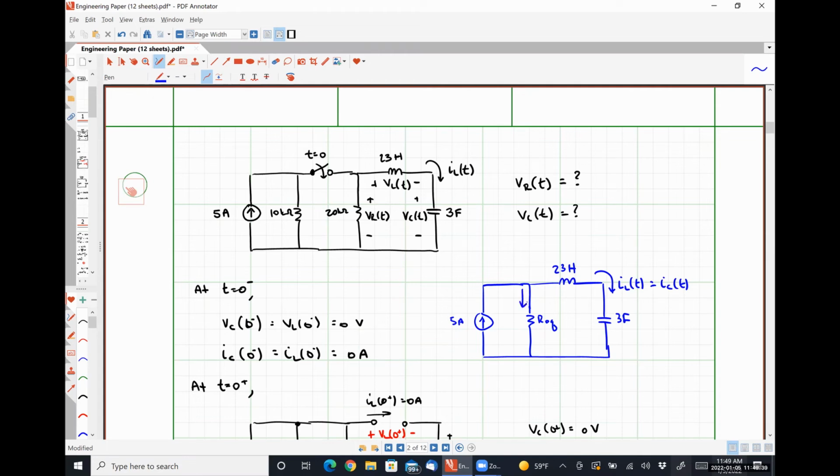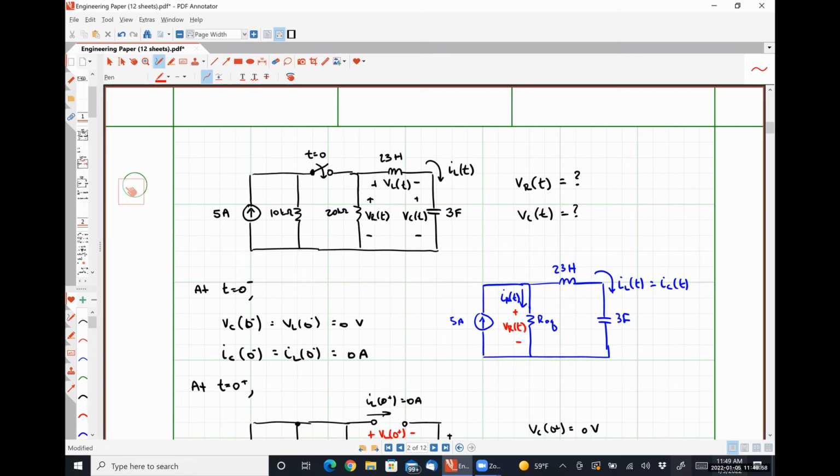Let's call this current right here IR of T. And let's call this guy right here VR of T, which is what we're trying to solve for, okay?